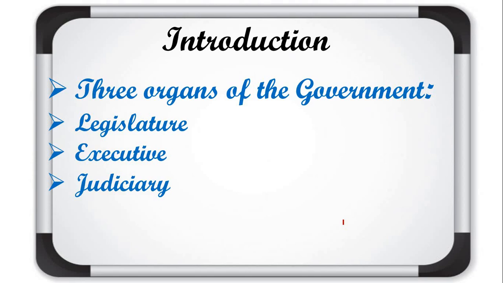Okay students, when we read in newspaper we come across certain articles that mention the work of courts in our country. Actually judiciary is a system of courts, or it is a mechanism of court system.